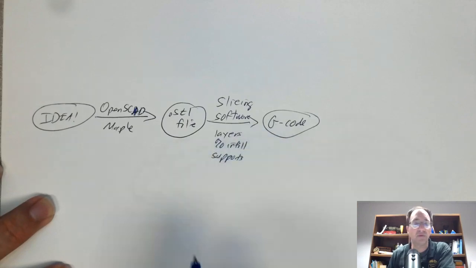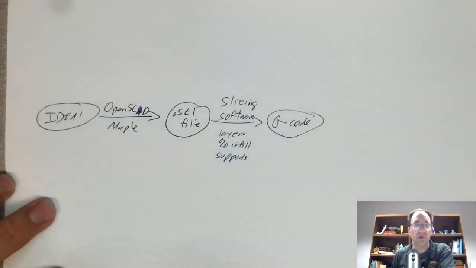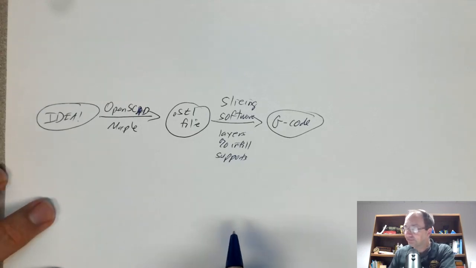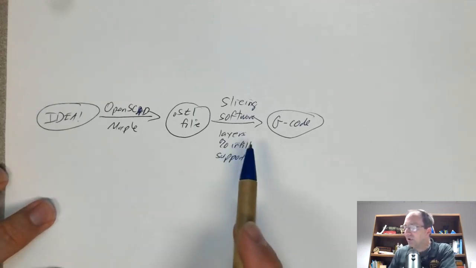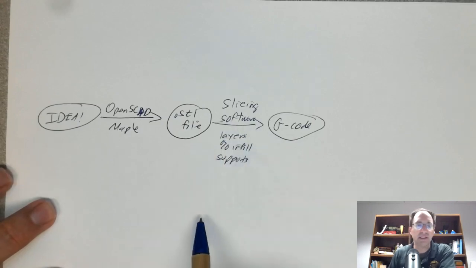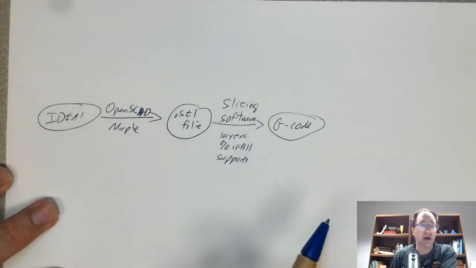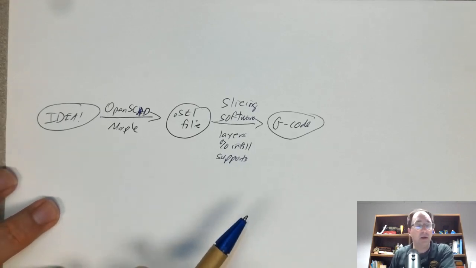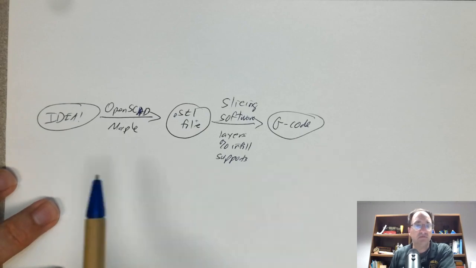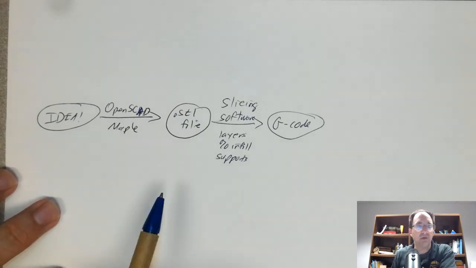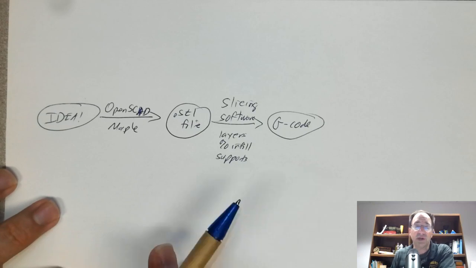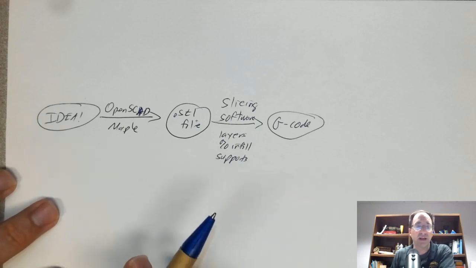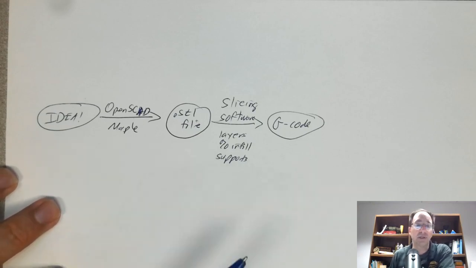If you try to print something over thin air, that won't work, and so you'll need to build up some sort of support to get it to print properly. And even in the midst of all that, there's a whole lot of other options in the slicing software that can make your print turn out better. Now, we're not going to get into all those details because that would take too much time. But for lots of projects, just a very basic understanding will get you through no problem. But for other situations, you might need to do some more sophisticated things that will take more research or consulting an expert.